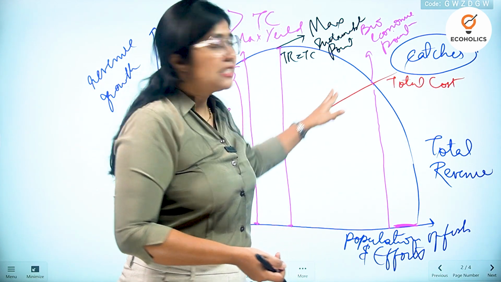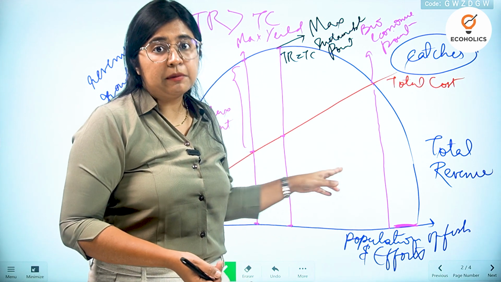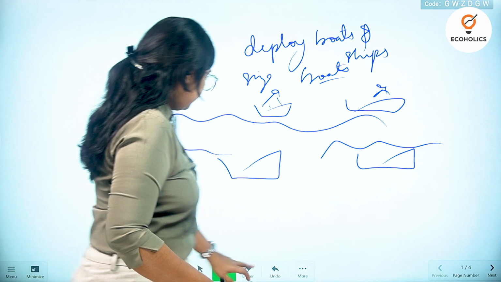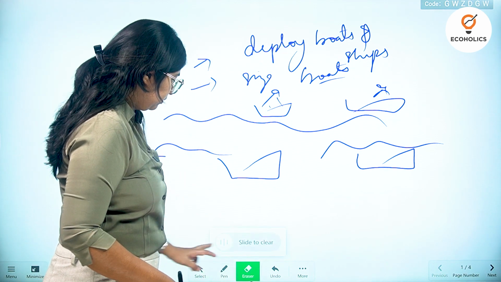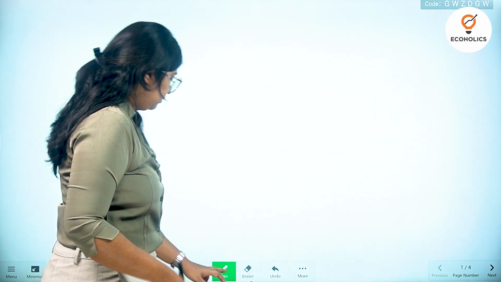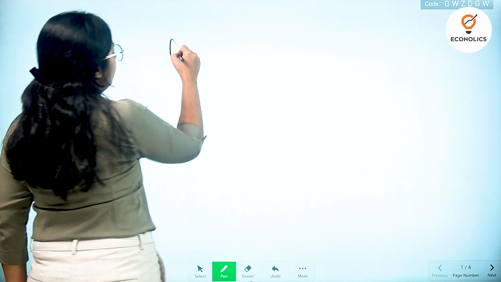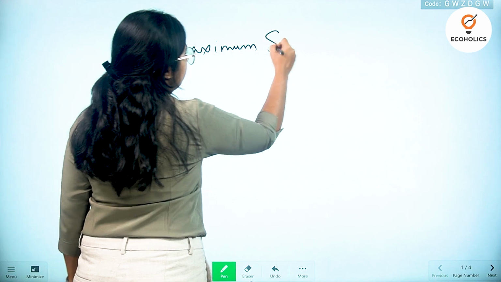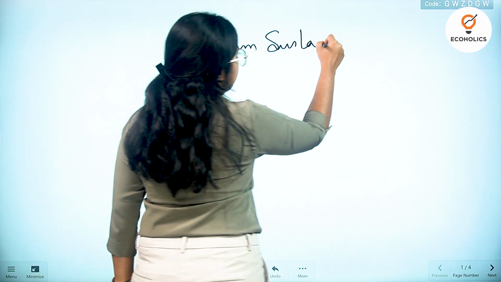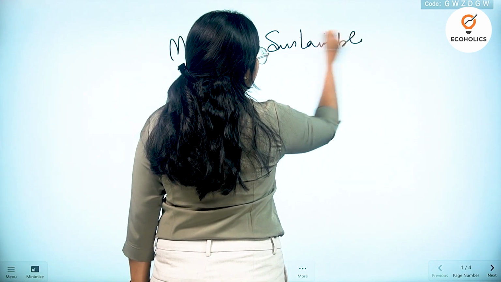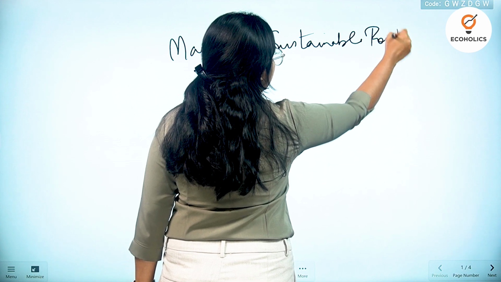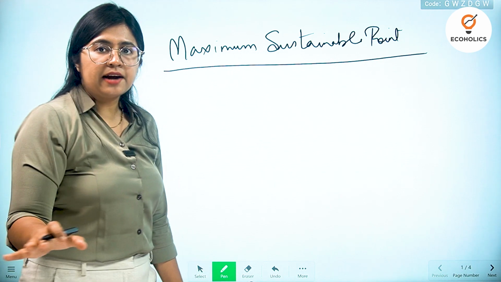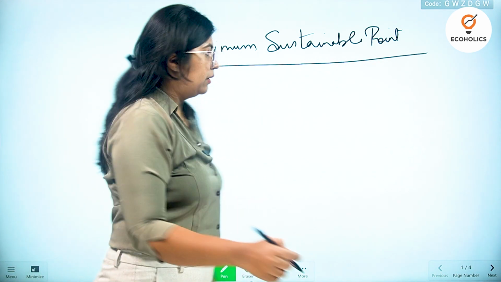Now, this maximum sustainable point is a very important point, which let's understand through a simple example.